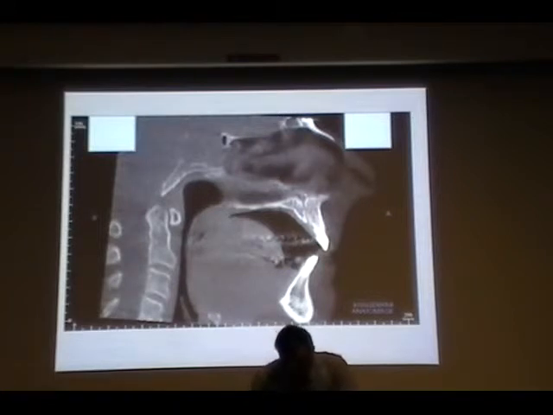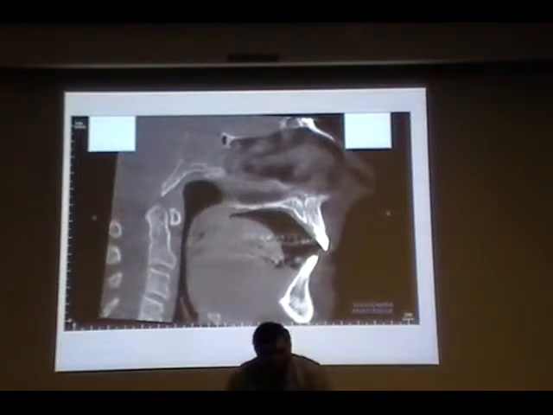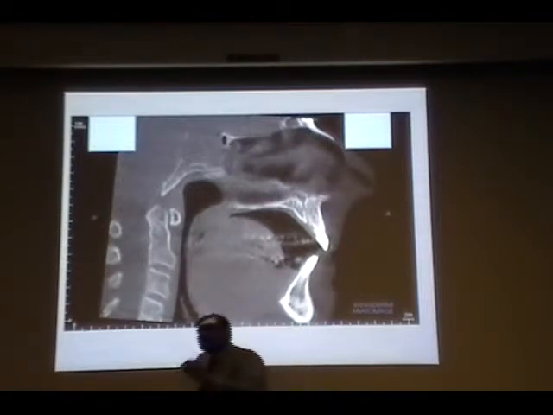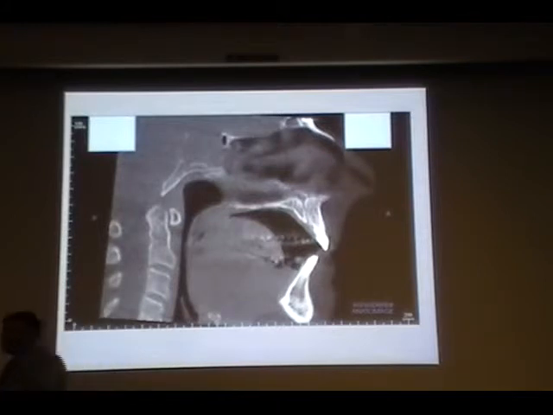If you take a slice here, you can see the posterior teeth. If you take the slice at the center, you're not going to see this portion because you're only checking this part. We are using a slice thickness of only 0.5 millimeter or 1 millimeter. If you take a thicker slice, probably you'll see it. Make sense?